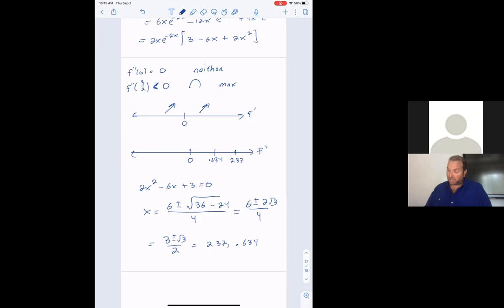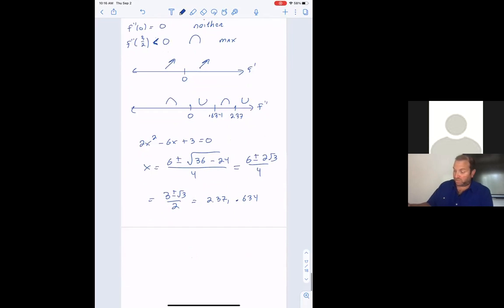So if I take a number like 100, that's certainly going to be positive. If I take 1, 3 minus negative 3, that's negative. And if I take a number in between there, it's also positive. And if I go to like negative 1, I get negative as well.